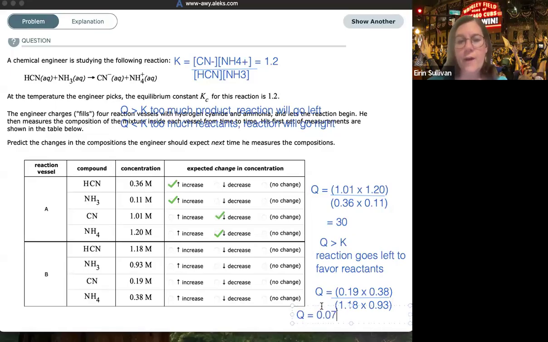Okay, so that smaller value of Q is telling us that the reaction is going to have to go towards the right, because what it's telling us is the number on the bottom of the reaction quotient is too big, and that number on the denominator is where our reactants are. We've got too much reactants, basically. So my reaction is going to have to proceed to the right to convert some of those reactants into products.